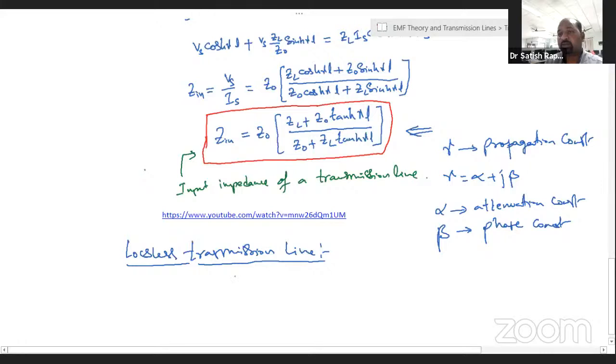Just for recollecting, a lossless transmission line is one where R is equal to G is equal to 0.